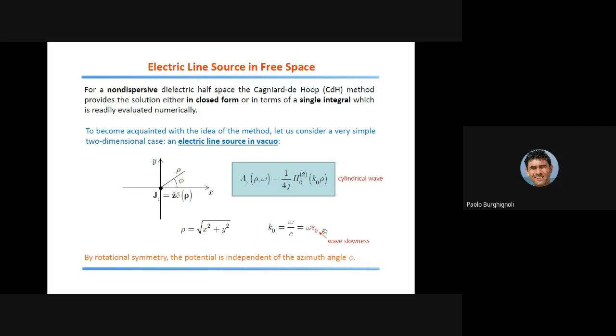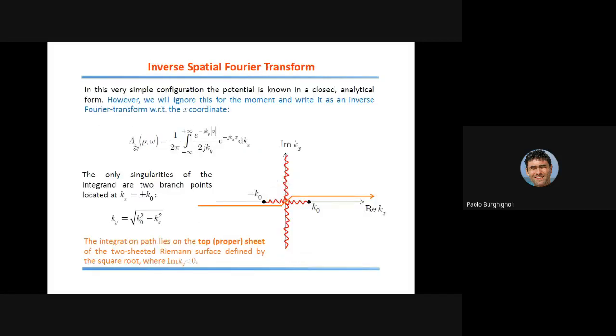Okay, for the moment we will ignore that we know this cylindrical wave in closed form, and we will represent it instead in terms of a spectral integral. As we know, it is possible to do so, so we represent this potential in terms of an integration performed along the extended Sommerfeld integration path, which is equivalent to the real axis.